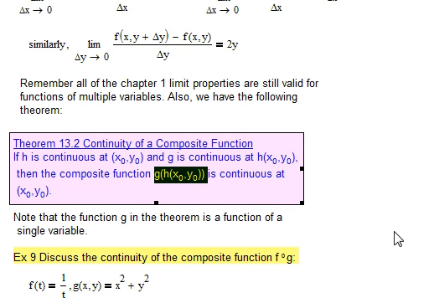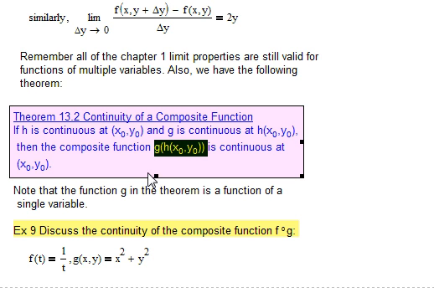I think we may have even had a similar theorem in Calc 1. So notice the way g is written, it is a function of a single variable, or could be.